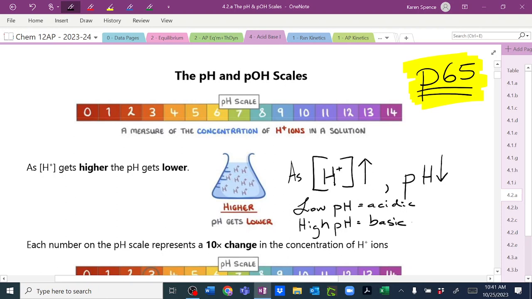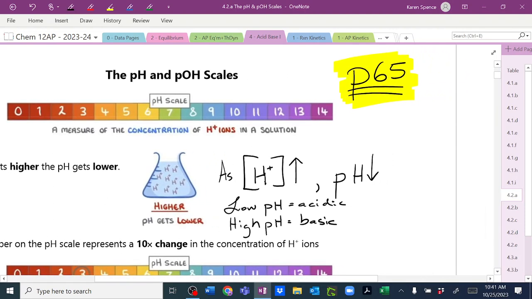By the way, let's remind ourselves of some properties of acids and bases. If something is acidic, what will some of its properties be? Sour. It turns litmus red.